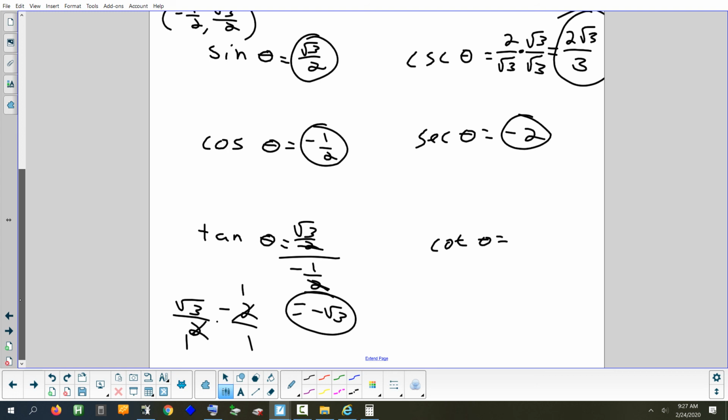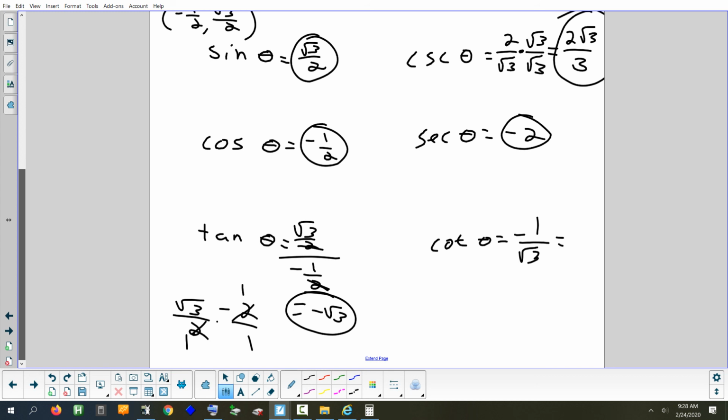So what could you do to make that a fraction so you could flip it? You could put it over 1. So if you put it over 1 and then you flipped it, what would your cotangent be? Yeah. It doesn't matter where you put the negative in a fraction. You can put it in the top, the bottom. I usually just keep it in the top.